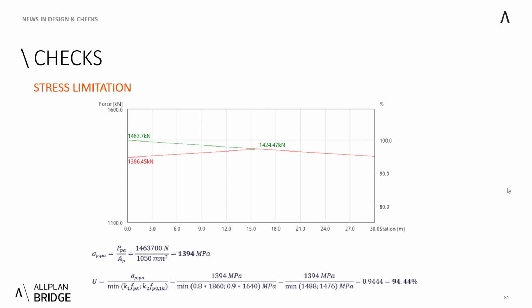In this case, you can see that it's taken from the left part, prior to anchoring, prior to the losses, and this one is being compared to the limit given by the code, which is compared here, and we end up with the utilization of 94.44%.